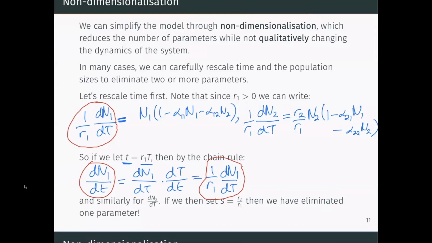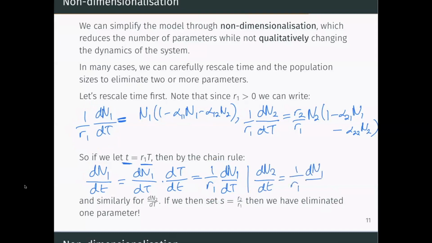Okay, so let's think about what happens to species 2. By the same logic, we can write down that dn2 d little t is going to be 1 over r1 dn2 d big T. This is just applying exactly the same logic that we had on the left-hand side.